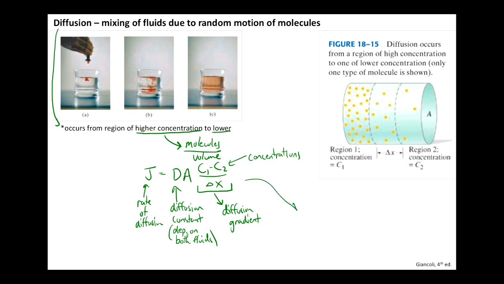The only other thing that I'll tell you is this is known as either the diffusion equation or Fick's law, F-I-C-K. And I think that is all that I wanted to say. Chapter 18 is complete.